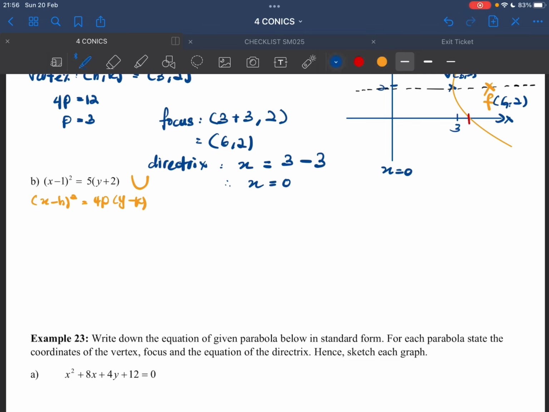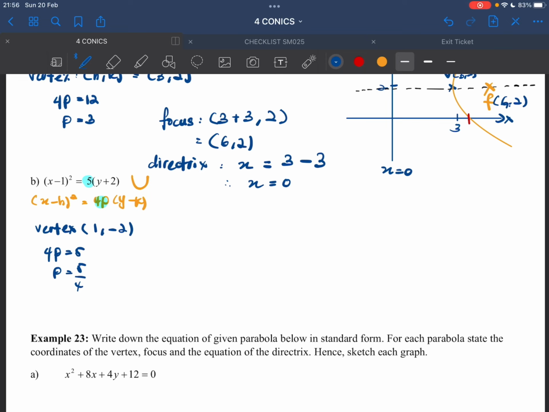So the vertex is (1, -2). Make sure your vertex is correct. This is y minus k, so your k is going to be negative 2. And let's compare 4p with 5. So 4p equals 5, and we have p equals 5 over 4.